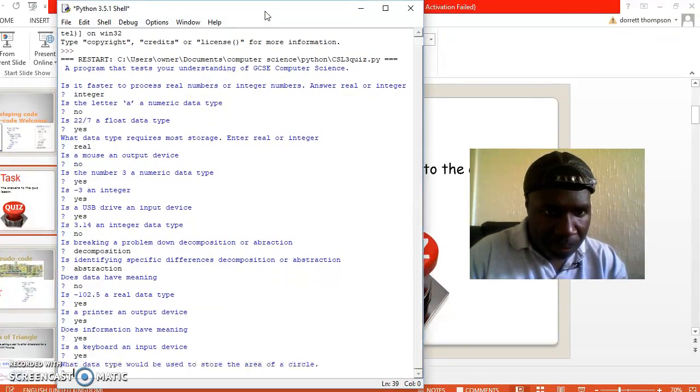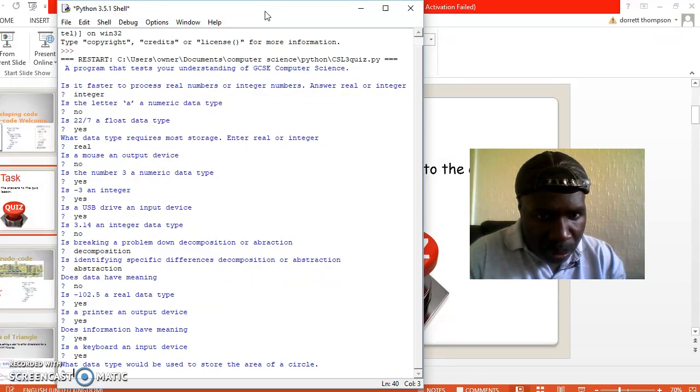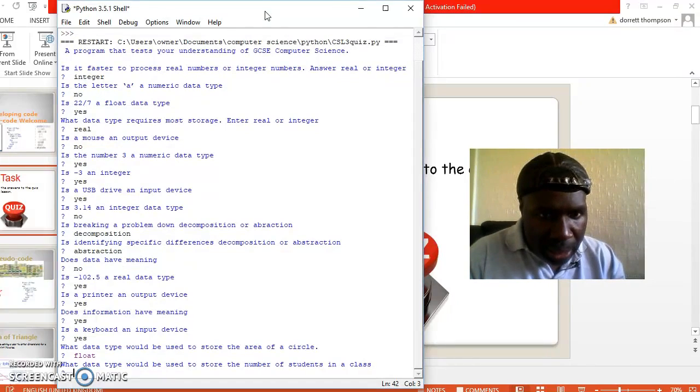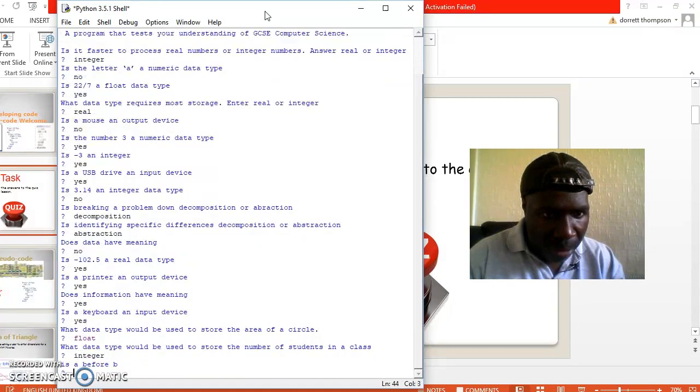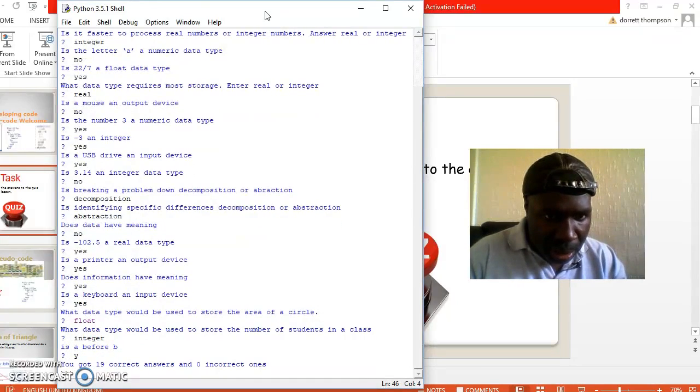Yes. What data type would be used to store the area of a circle? That would be a float, because more than likely it will have a decimal point. What data type would be used to store the number of students in a class? Integer, because that will be a whole number. Is A before B? That's probably a dummy question.